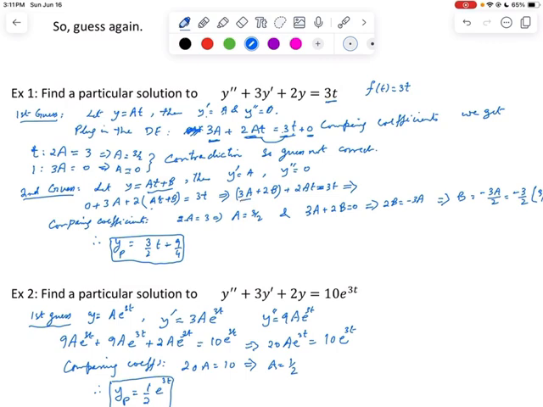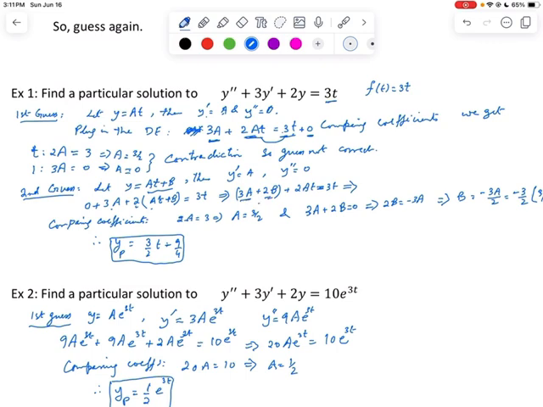Now we simplify the left hand side, putting the like terms together. We have only one term with t, and two terms with constants. So 3a plus 2b plus 2at is equal to 3t. That's what the equation becomes.